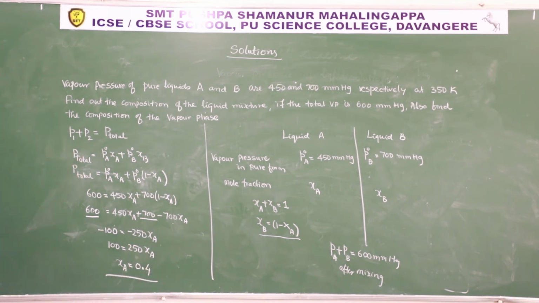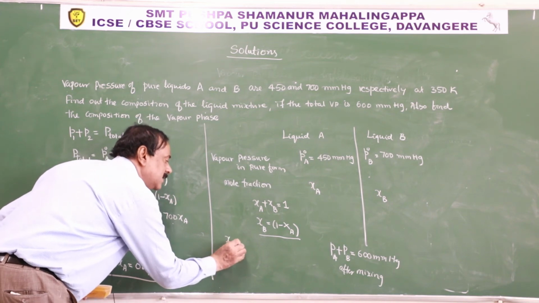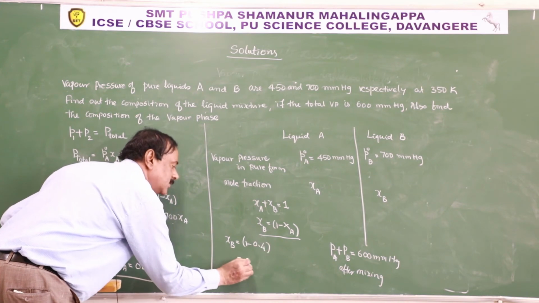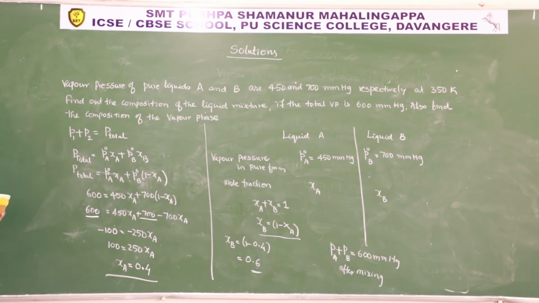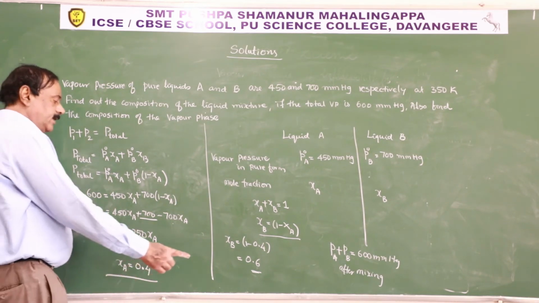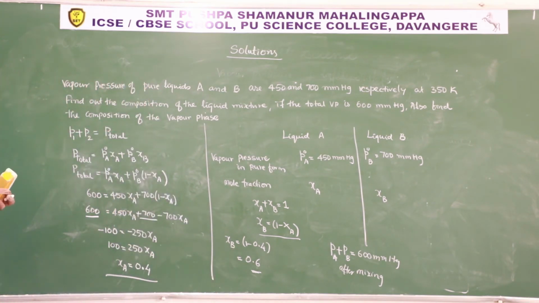On simplification, XA becomes 0.4. Now if XA is equal to 0.4, XB is equal to 1 minus 0.4, which is 0.6. Therefore, the mole fraction of A is 0.4 and the mole fraction of B is 0.6.